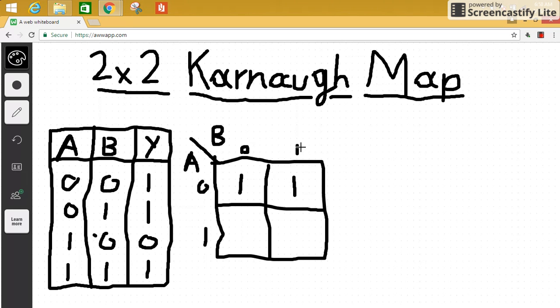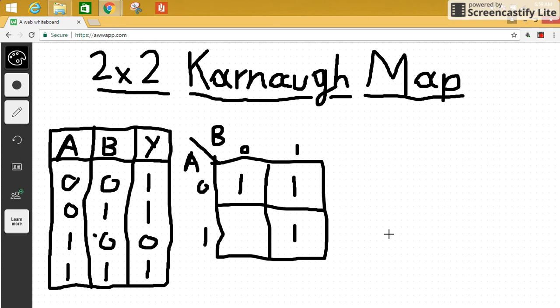So here is the required Karnaugh map. We have written all the outputs that were equal to 1 and neglected the output of 0 at A equal to 1 and B equal to 0.